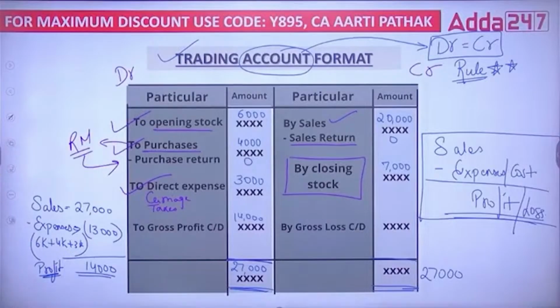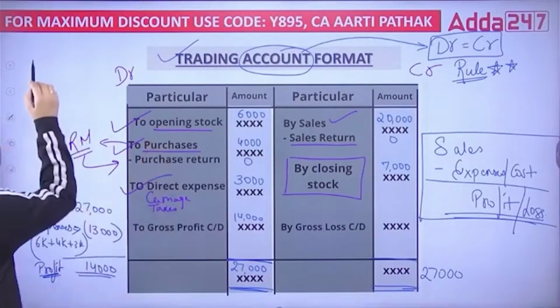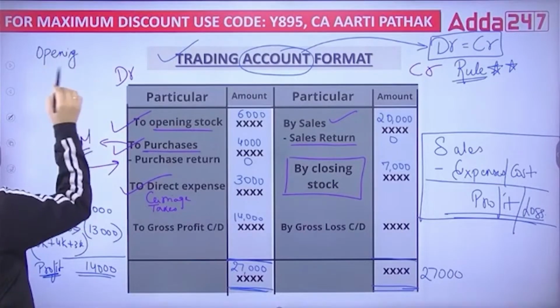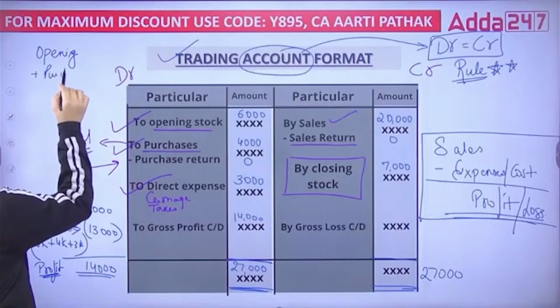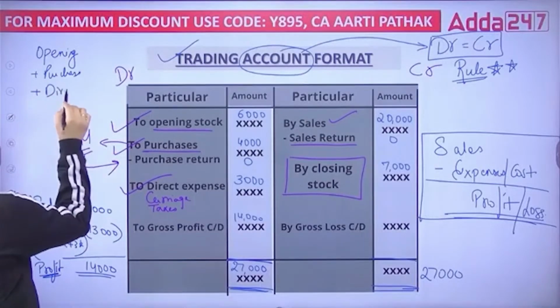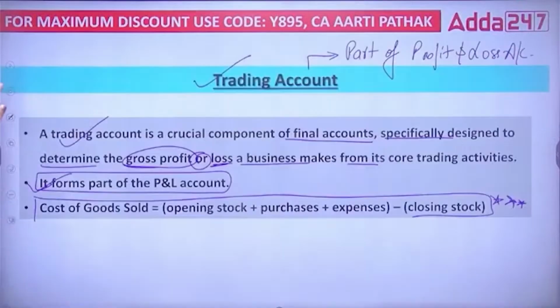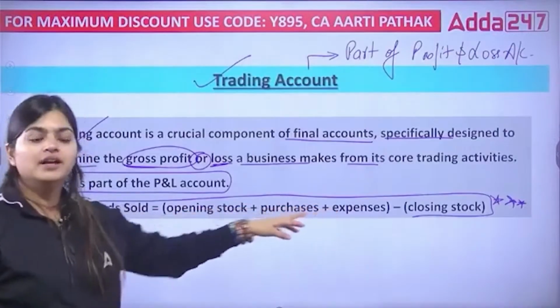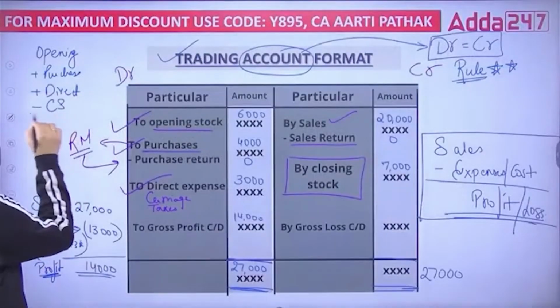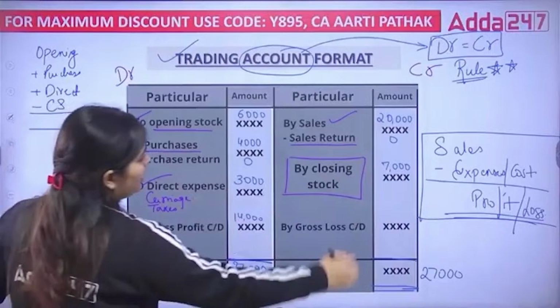Now, if you add this opening stock plus purchases plus direct expenses, I'm talking about this particular formula. And if you subtract the closing stock, you don't need to add the sales.